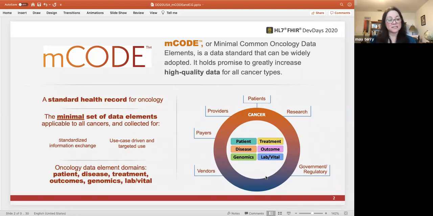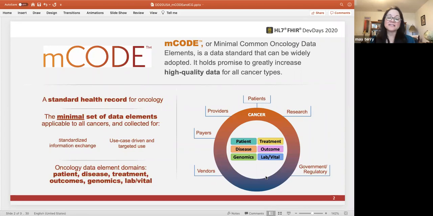we made certain initial assumptions of making it applicable to all cancers and collected for standardized information exchange. As I mentioned before, when mCODE first had its use cases, it was really meant to be this interaction between a provider and a patient that helps to identify diagnosis, treatment, and monitoring.